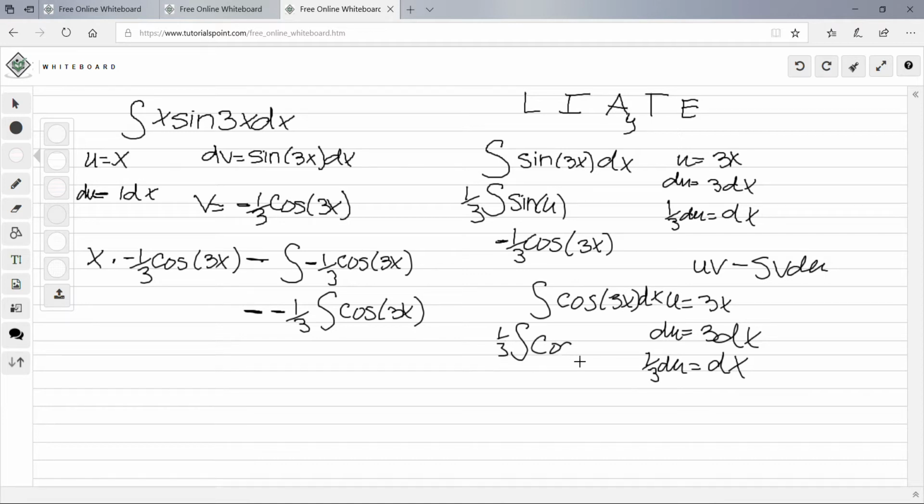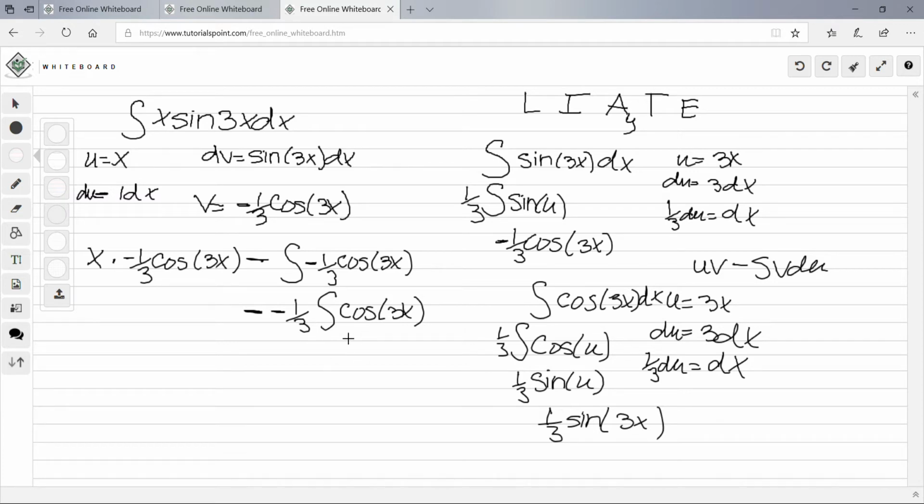So the integral of cosine of u is just positive sine of u, and then don't forget this 1/3. So then you just plug in what u is, so it's 1/3 sine of 3x.